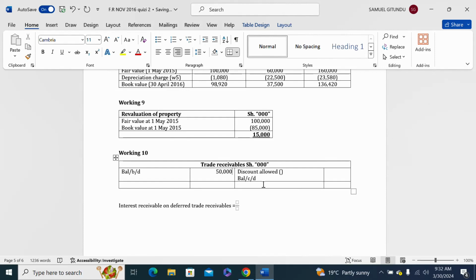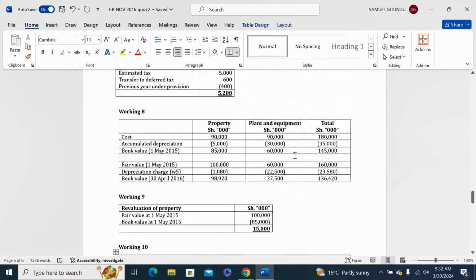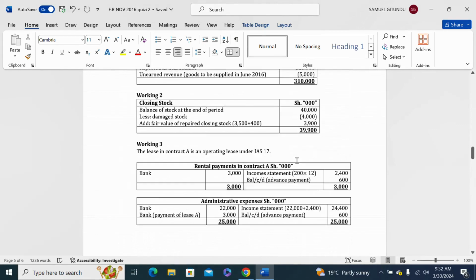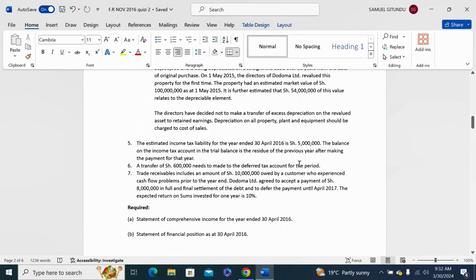Then there's the discount allowed, in our additional information number 7. I've been told that the trade receivable includes an amount of shillings 10 million owed by a customer who experienced cash flow problems prior to the year end. So Dodoma Limited agreed to accept a payment of shillings 8 million in full and final settlement of the debt and to defer the payment until April 2017.